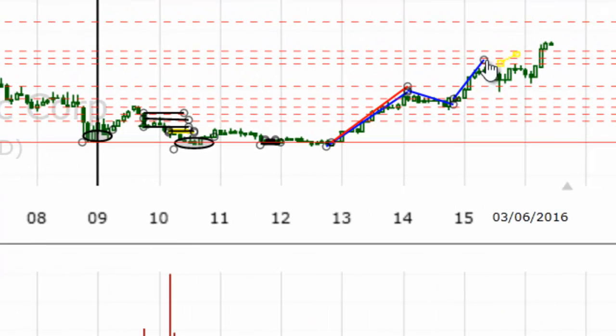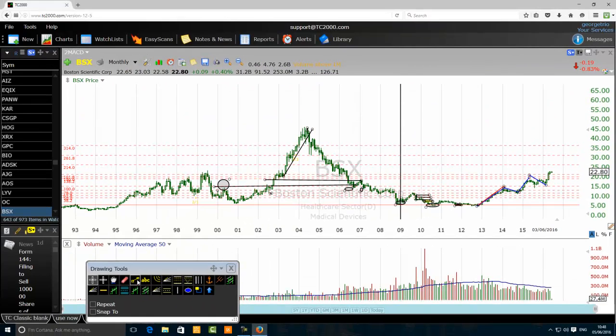Remember that this is a forecast. The price does not have to fulfill our expectation. Very, very important.